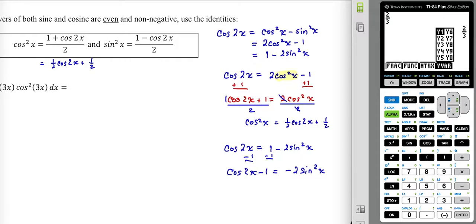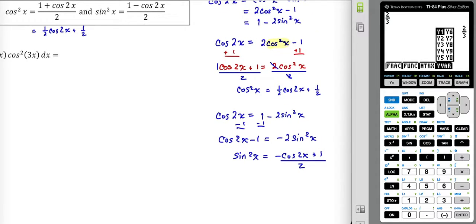Divide everything by negative 2, and you get sine squared x is equal to negative cosine 2x plus 1 over 2. And then when you break it all apart, you get 1/2 minus 1/2 cosine 2x. So it's another useful variation of the rule.